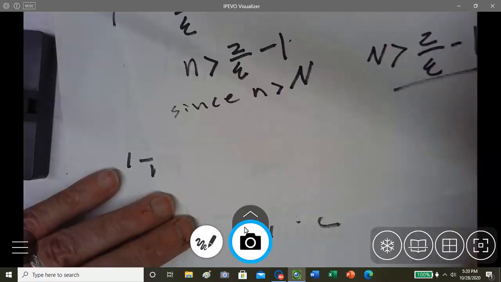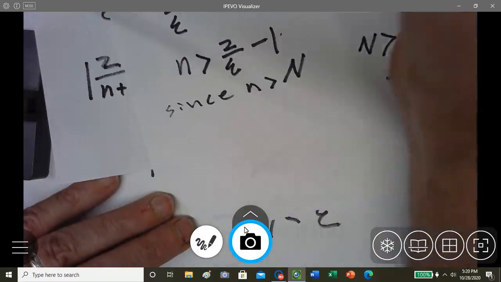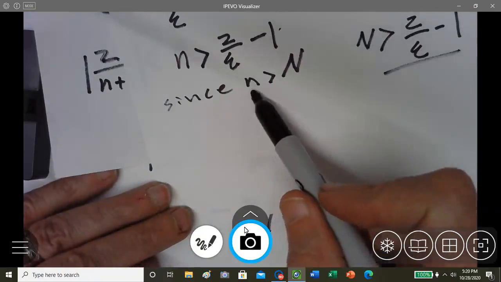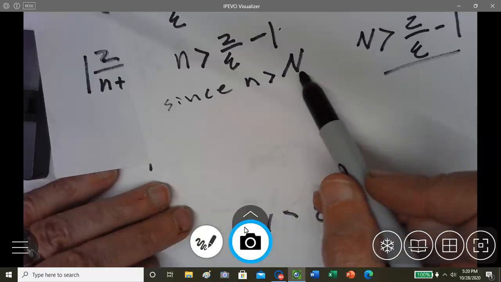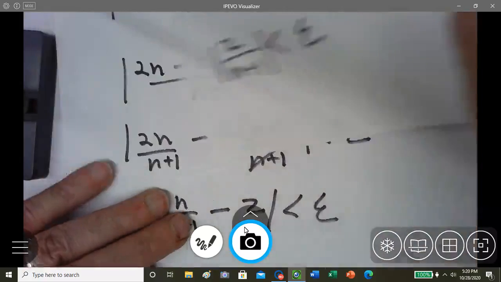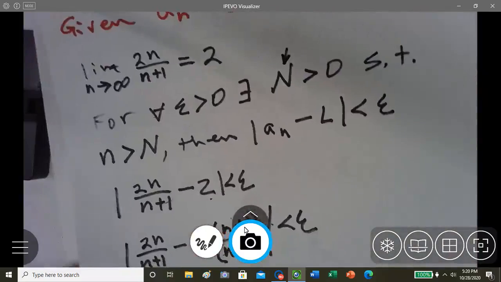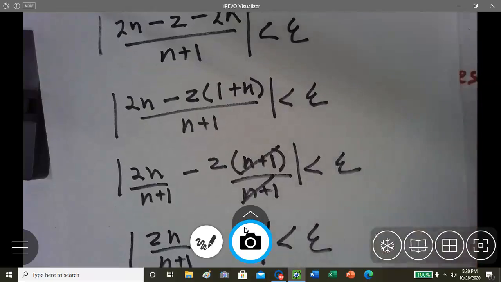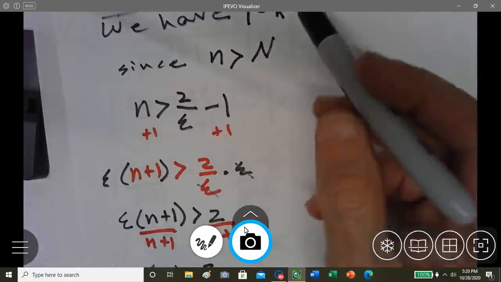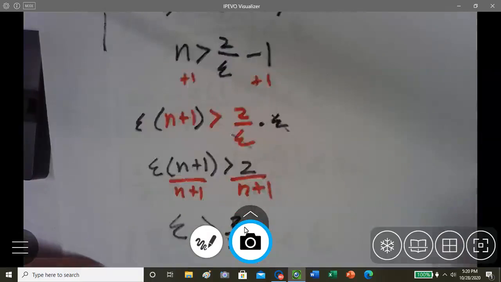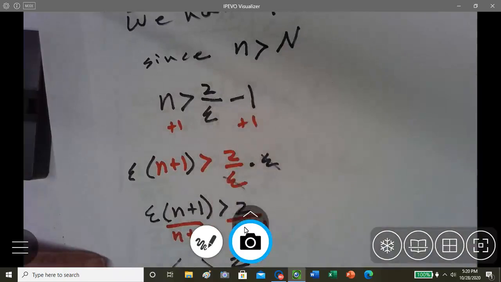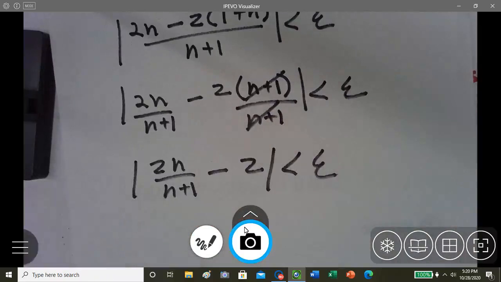So basically what you're doing here is you solve for N, and then since n is larger than our boundary N, uppercase N, you can start that off in your proof, which is here. Okay, so you start with the scratch work, and then once you get that, you can just work backwards and show your proof. And that's all there is to this video.